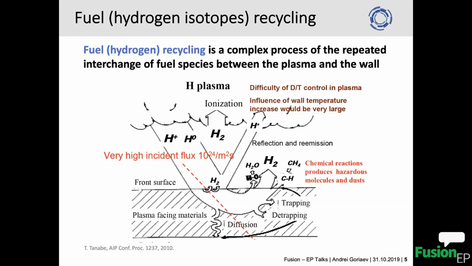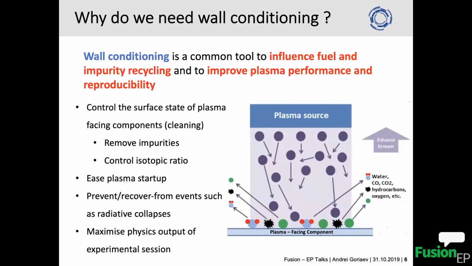Another effect: when the reservoir is full of fuel, it starts to release fuel. Again, when you want to control your density during your discharge operation, the wall itself can fuel, either because it's hot or because of the interaction with neutral particles. So you have more particles in your plasma than you expected, so again you have higher density than you expected, and it can also lead to radiative collapse because the density limit is exceeded.